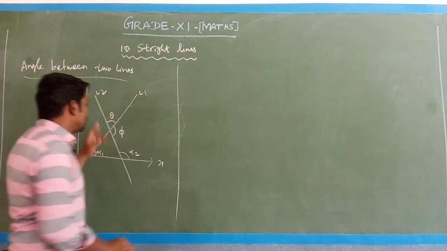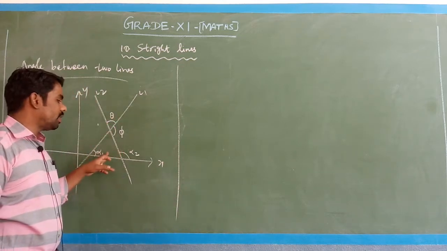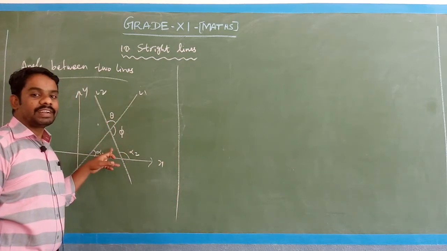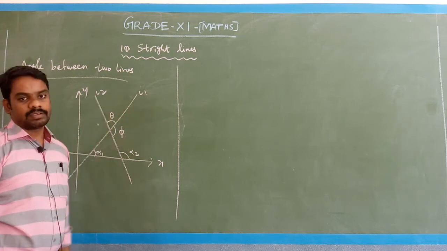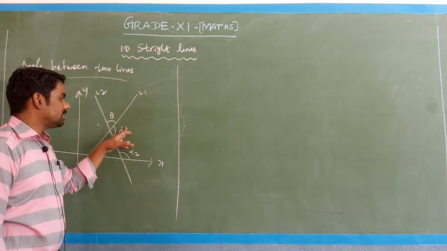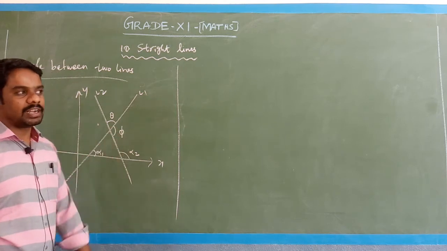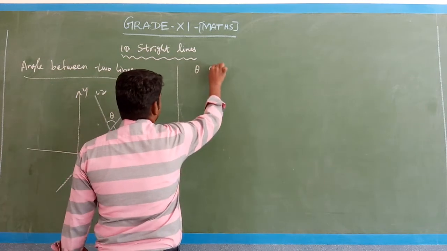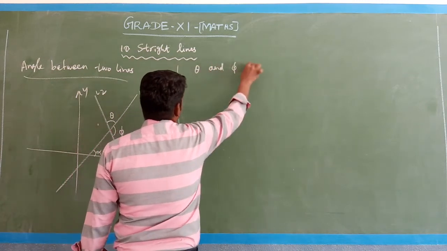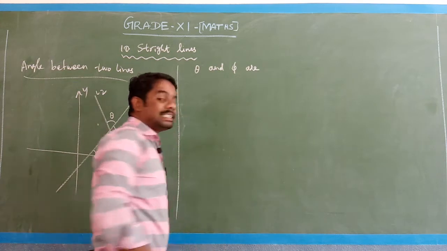Let us consider L1 and L2 as two lines. Alpha 1 and alpha 2 are the angles of inclination with the x axis of L1 and L2 respectively. Theta and pi are the angles between the two lines L1 and L2, and they are adjacent angles.